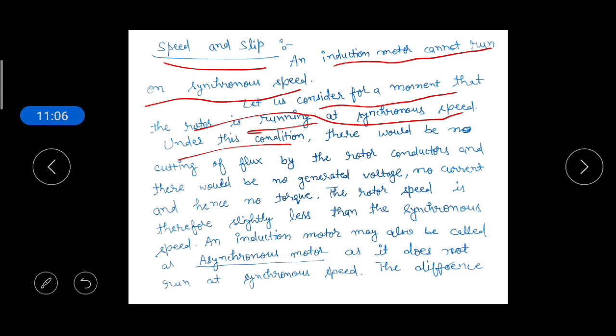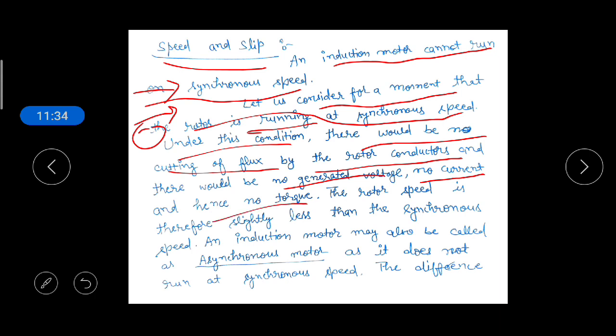Under this condition, there would be no cutting of flux by the rotor conductors, because if both the stator magnetic field and the rotor are moving at the same speed, there is no relative motion between the two, and no flux will be cut by the conductors. No EMF will be induced, hence no voltage generated, which amounts to no current, and hence no torque will be produced, because torque is only produced if a current carrying conductor is placed inside a magnetic field.